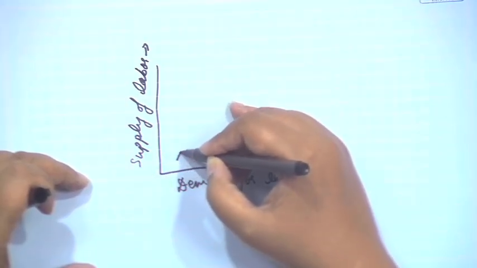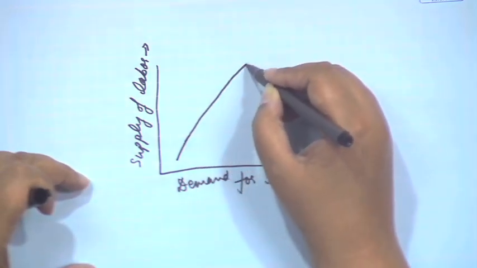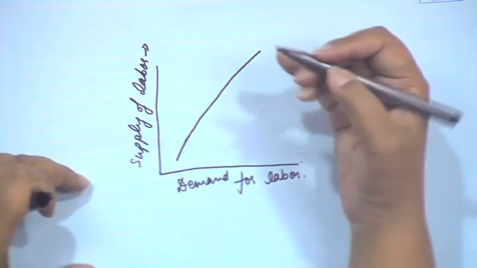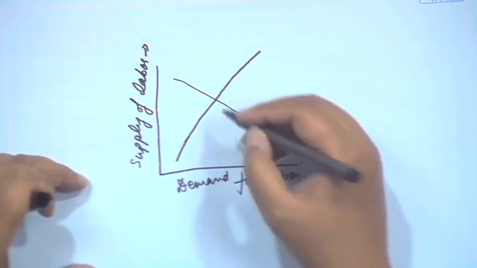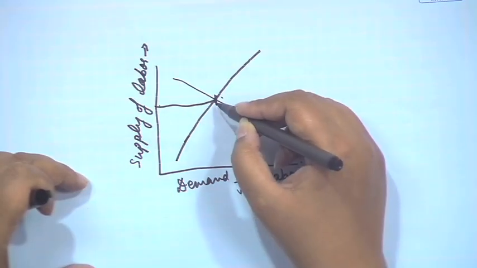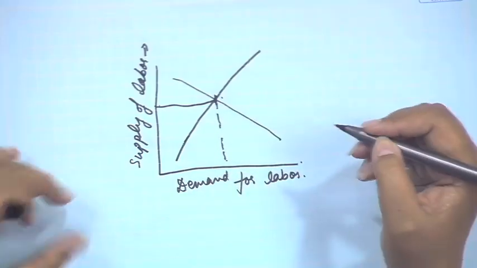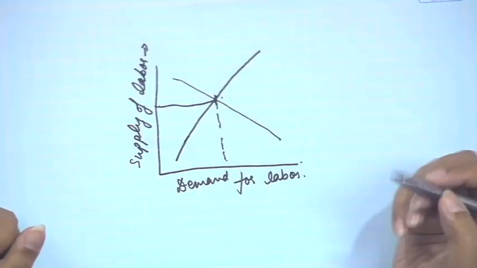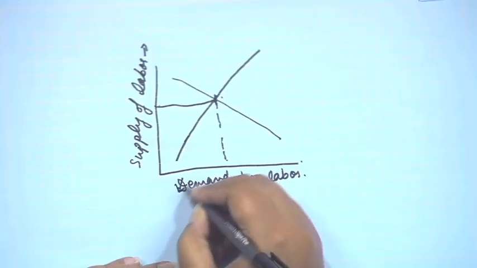So, you have the supply of labor that is going up, people are getting more and more training, and the demand for labor is going down, and this is the point at which these two balance out. I am sorry, it should be the other way around.